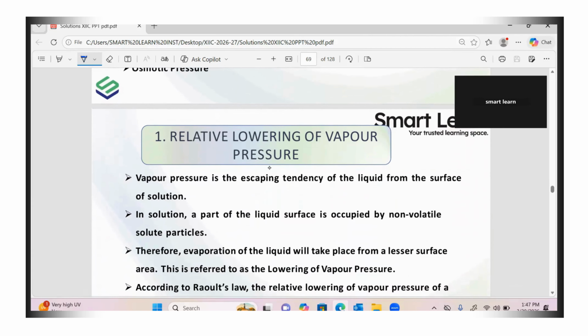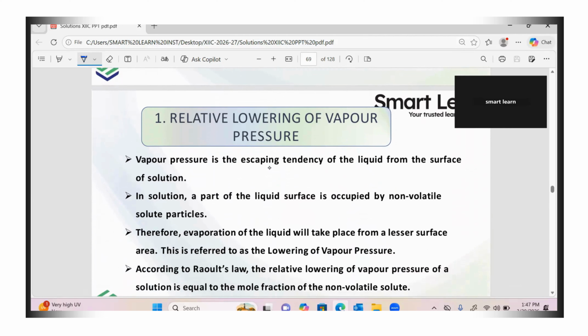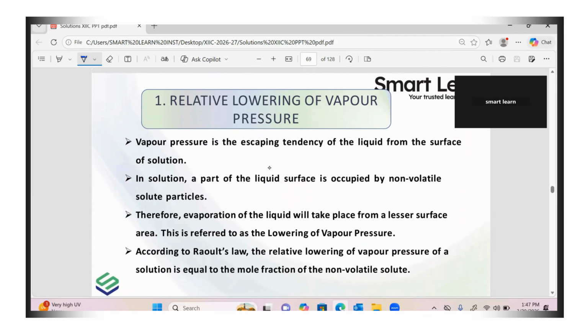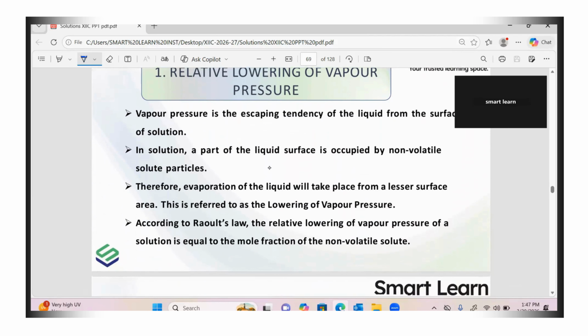In a pure liquid, molecules escape from the surface and create vapor pressure. When a non-volatile solute is added, some of the surface is occupied by solute particles, so fewer solvent molecules can escape. As a result, the vapor pressure of the solution becomes lower than that of the pure solvent.